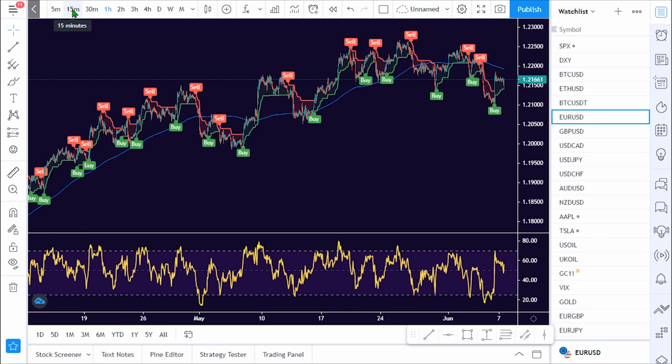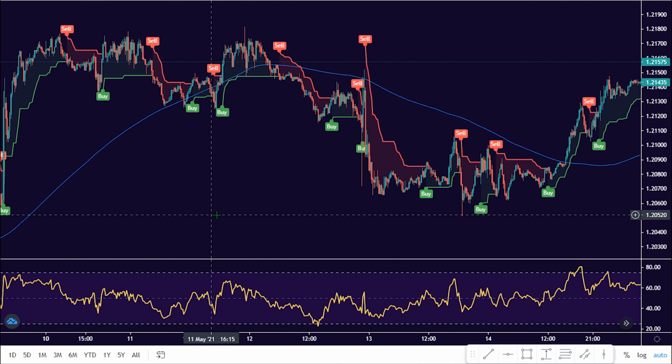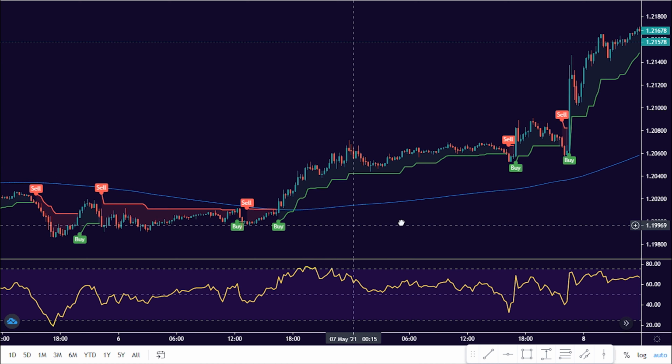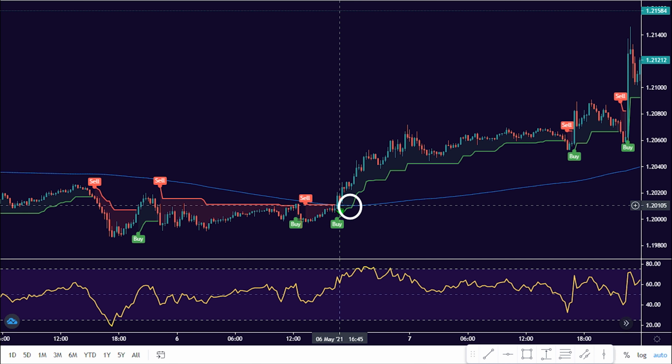Back on the 15 minutes chart, all we need to do as a scalper is to watch out for the Supertrend indicator to cross above the 200 moving average. Once this crossover is confirmed on the price chart, then we can proceed to check if the RSI indicator trades above the 30 value scale.